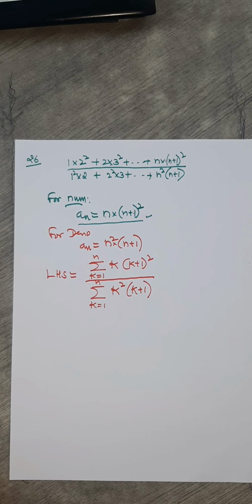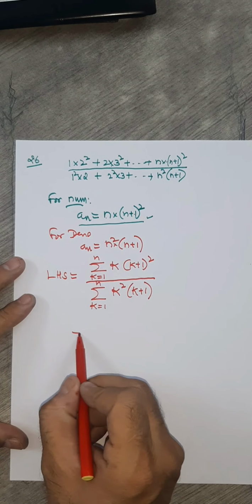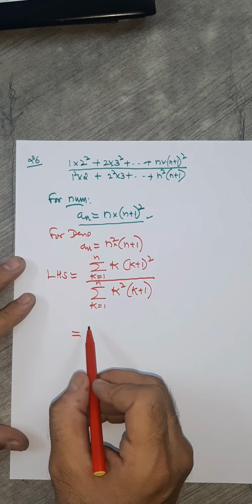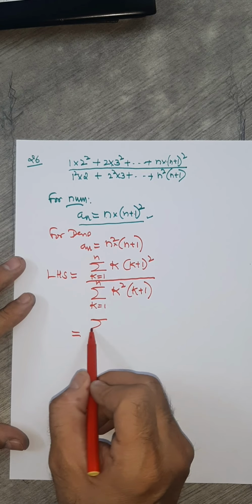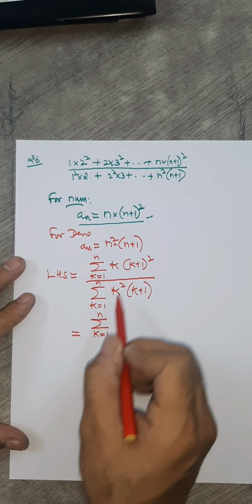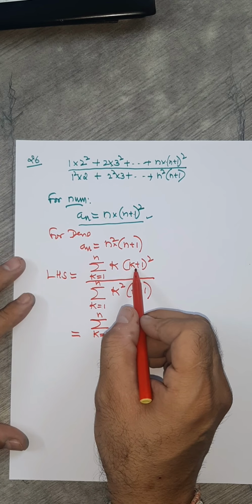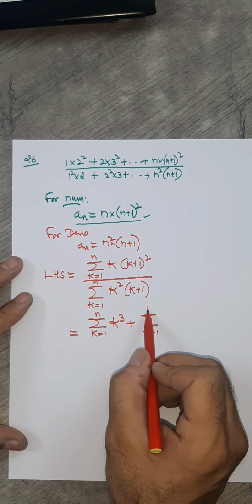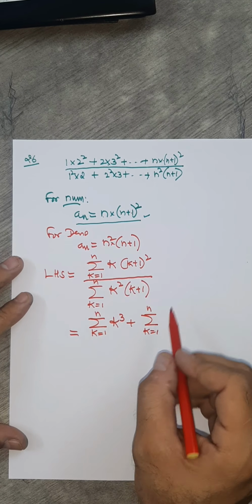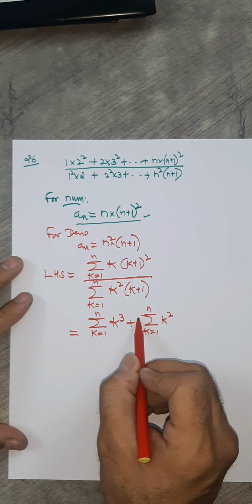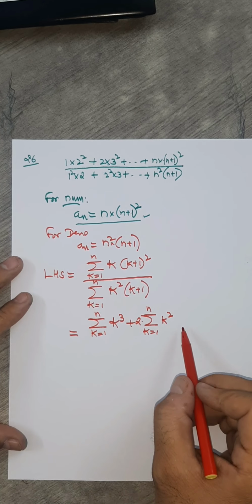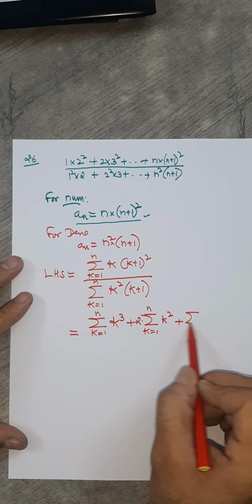Now we continue as we were doing in that exercise. You cannot cancel k here because summation is there. So sigma k runs from 1 to n, this is k square, and if I open the bracket it will be k cube plus 2k square plus k. Sigma k runs from 1 to n, k cube plus 2 sigma k square plus sigma k.